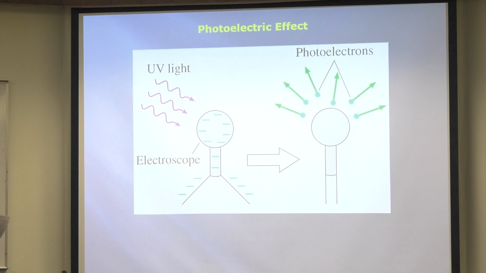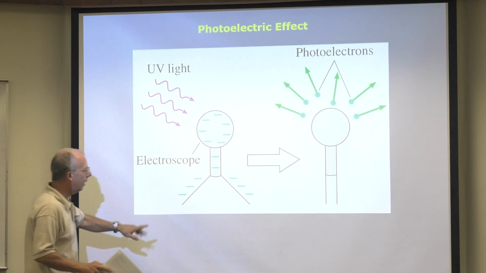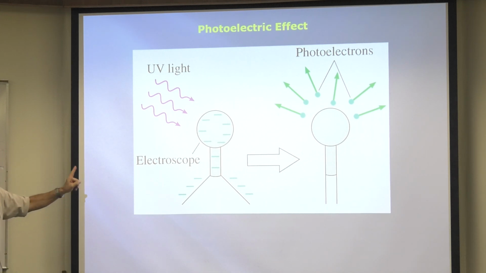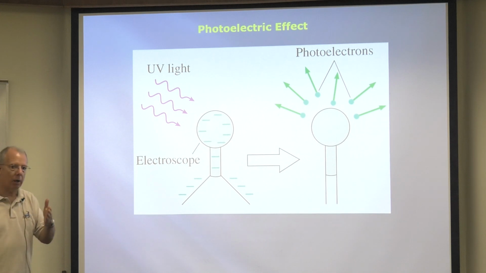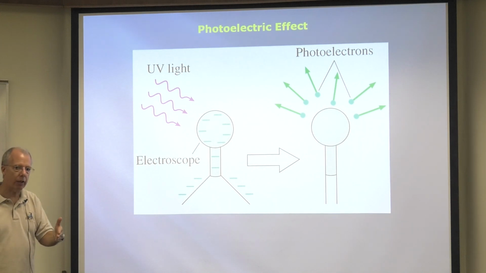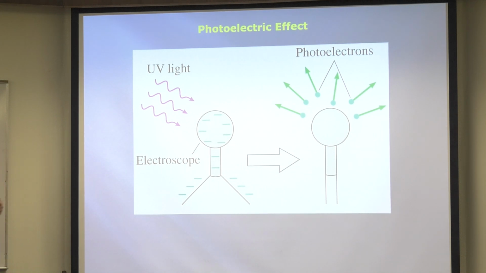Now here's the important thing. Wait a second. In that last half hour, when we were ejecting electrons from the vacuum tube, how did we do that? We did that by heating up the metal cathode. The electrons had a lot of thermal energy, so they could exceed the work function and therefore escape.